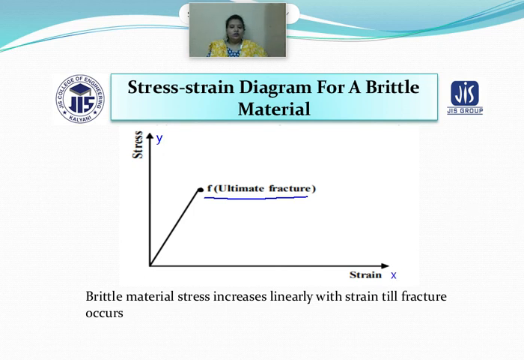There you are not getting any upper yield point or lower yield point, but for brittle material you do get a proportional limit before this fracture occurs, that is the ultimate stress, the breaking stress that is occurring here.